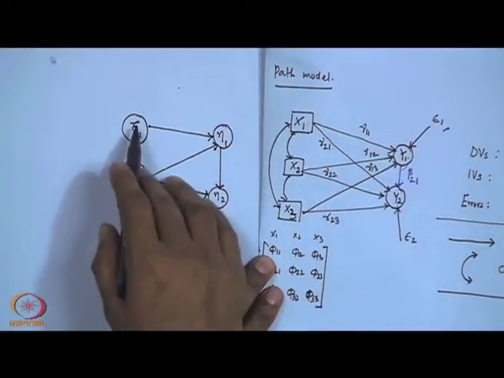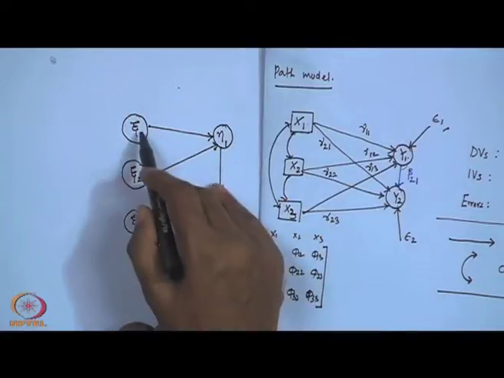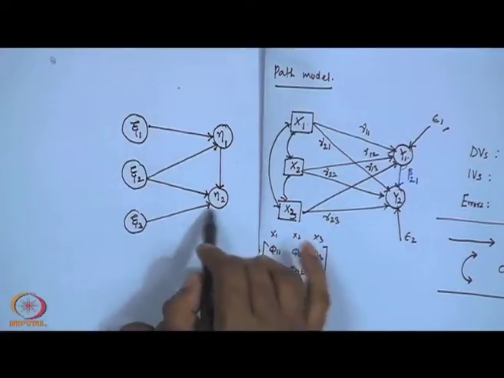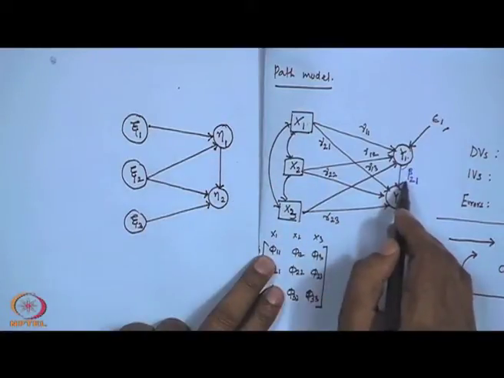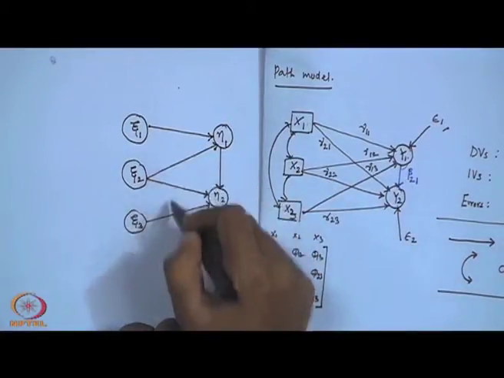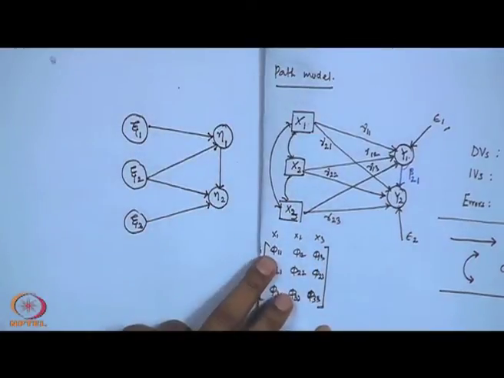Here we are restricting that eta 1 is affected by xi 1, xi 2 and eta 2 is affected by these two. So that means this structure is similar to this structure, except some of the links are omitted.